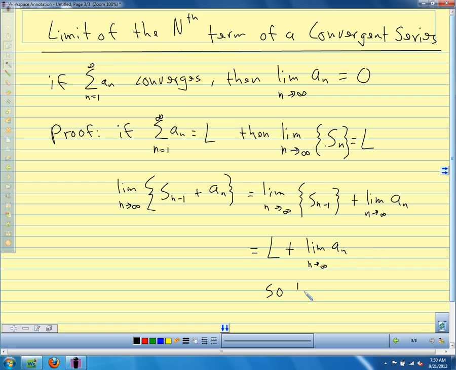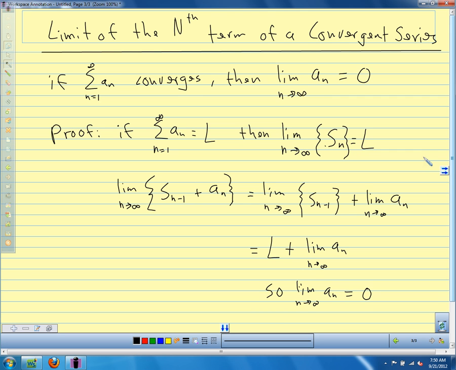So our limit as n approaches infinity of a sub n has to equal 0. So if we know our series converges, we know that the nth term eventually goes to 0. That's what this theorem tells us.